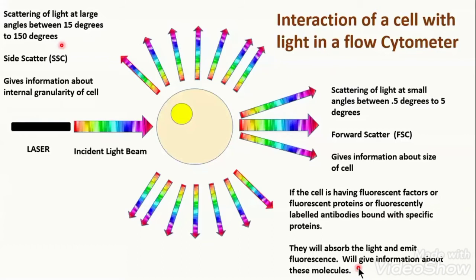And we call this parameter as SSC or side scatter. So the SSC is giving you information about the internal granularity of cell. Internal granularity of cell means more granules are present, then there will be higher value of SSC or higher value of side scatter, and less granules are present, then it will be lesser value of what?